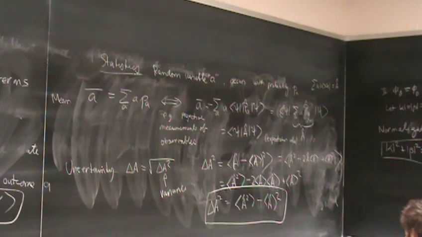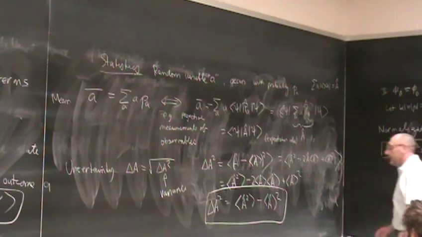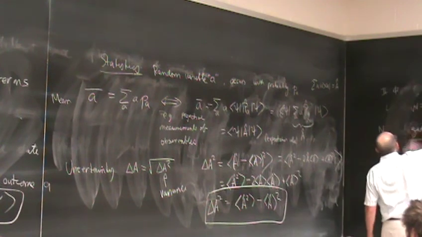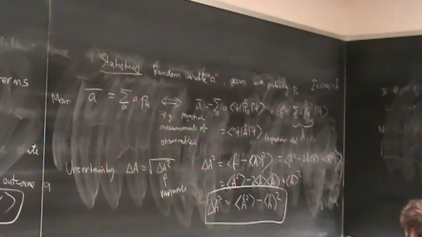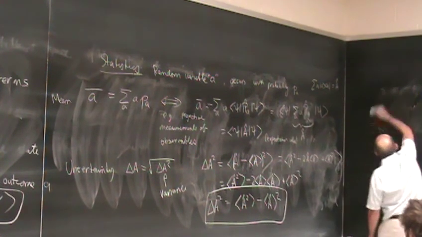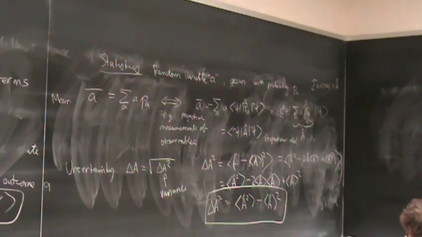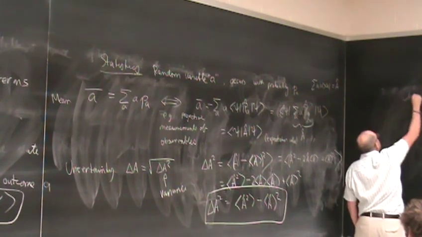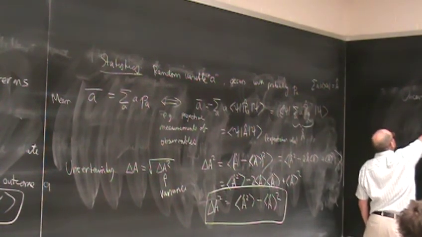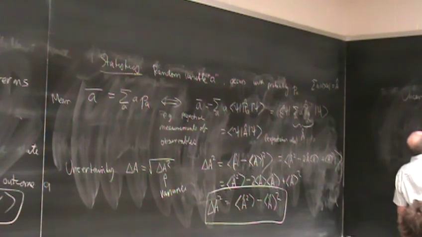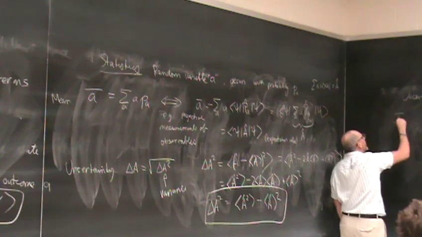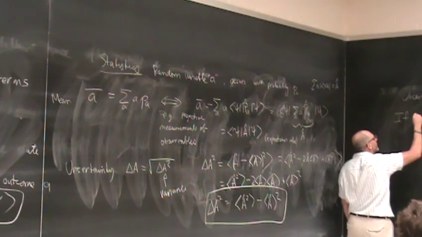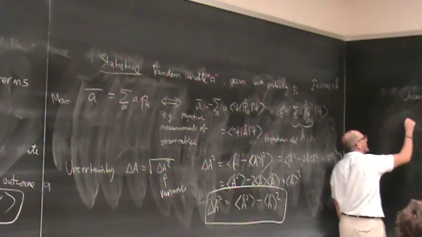Okay, so finally, what we wanted to say, because you need this for your homework, but we'll talk about it more, we derive it, is we have the uncertainty principle. The uncertainty principle states the following.